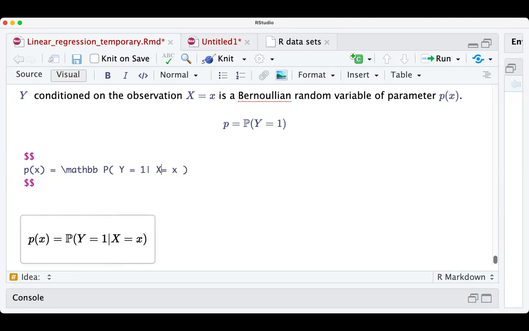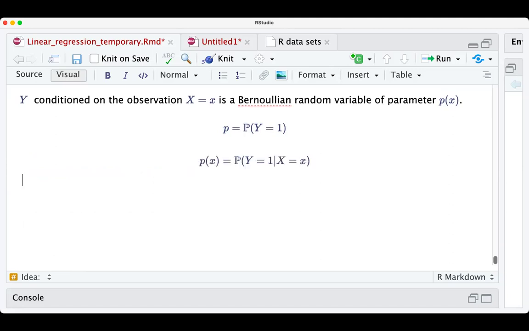So for instance, if we are observing also the age, maybe this mean changes. So it's because y and x are dependent. So if I take a subject, I know some stuff about it, maybe the mean of y also changes.